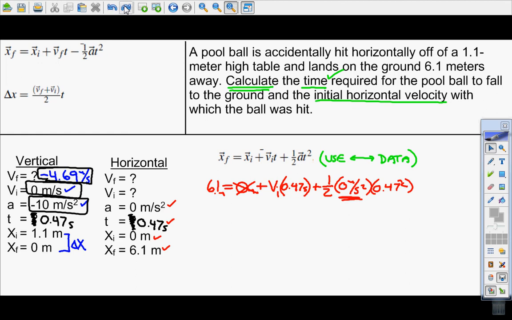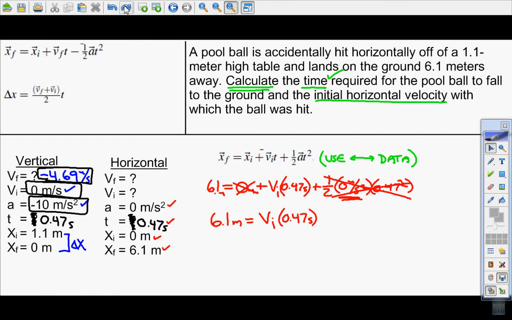And you'll notice that I have a 0 acceleration being multiplied with a 1/2 and then with time. Whenever I multiply anything with 0, it just becomes 0. So 0 times 1/2 is 0, and 0 times 0.47 squared is 0. All of that can be canceled out because it just turns into a big fat 0. And that leaves me with 6.1 meters equals the initial horizontal velocity multiplied with the time.